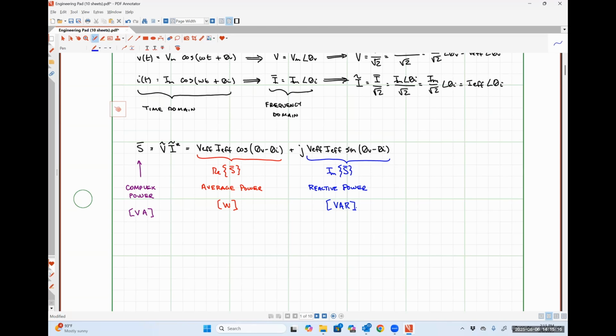Even though it is the imaginary part of the complex power, it is incredibly important to the health of our utility grid. In fact, without reactive power in our power systems, our grid would suffer from near constant blackouts and brownouts due to changes in demand at any given time.